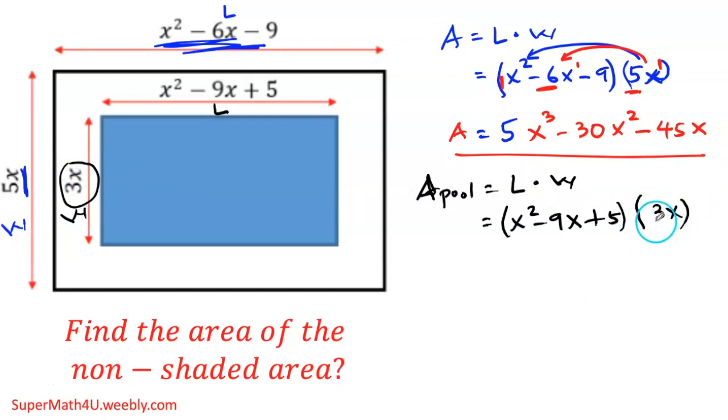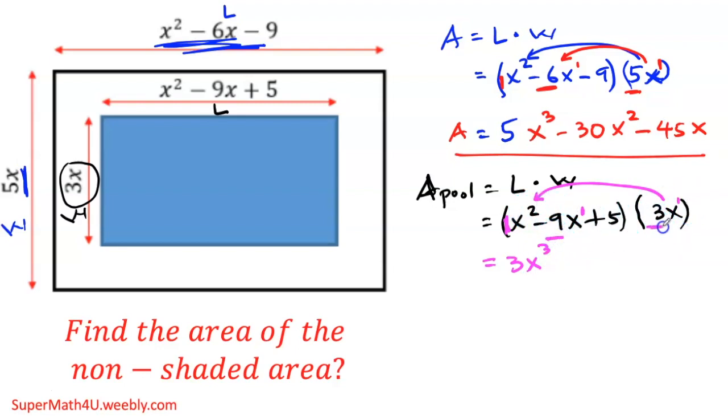Because I only have one term, what I do is I distribute that 3x. So 3x times x squared, let me put the little 1 over here. When there's no exponent on the x, you put a 1, and it's easier to do it like that. 3x times 1x squared is going to give me 3x cubed, 2 plus 1, 3, right? Add the exponents.